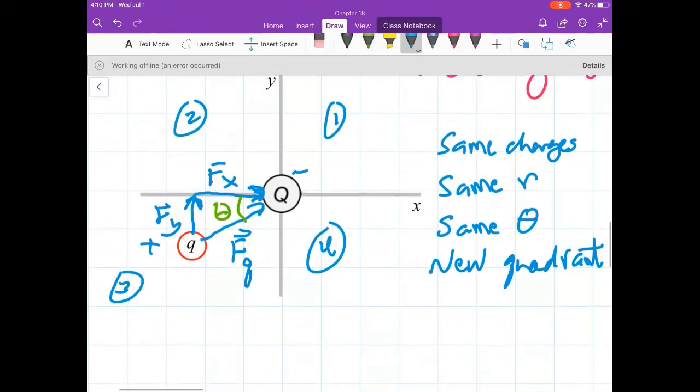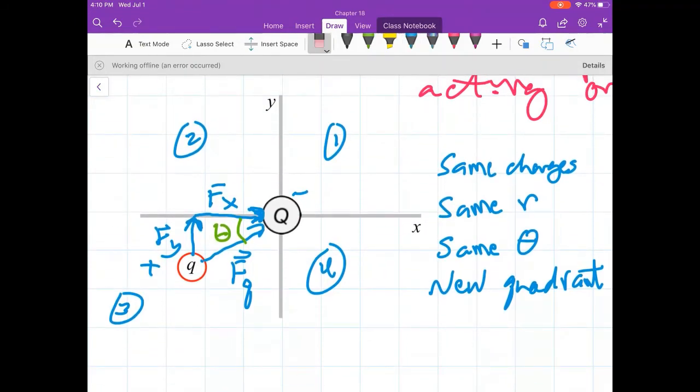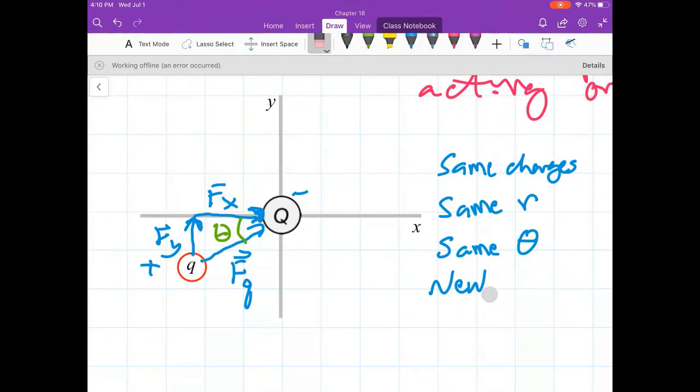So for this problem, same charges, same r, same theta.